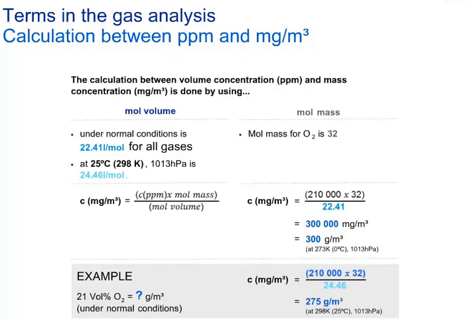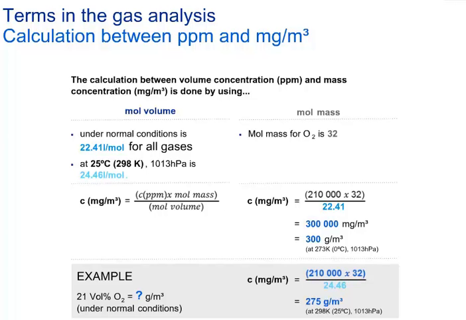C in milligrams per cubic meter equals 210,000 multiplied by 32 divided by 24.46, which equals 275 grams per cubic meter at 298 Kelvin, 1013 hectopascal. 21 volume percent O2 is 300 grams per cubic meter at 0 degrees C, 1013 hectopascal, but only 275 grams per cubic meter at 25 degrees C, 1013 hectopascal.